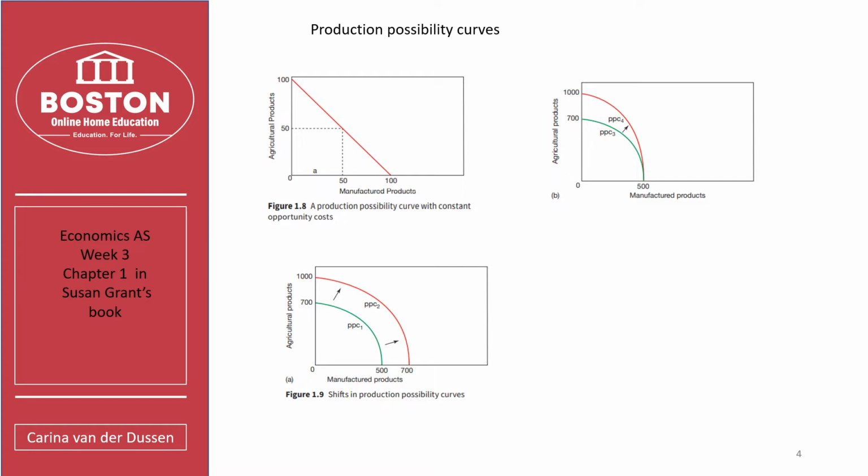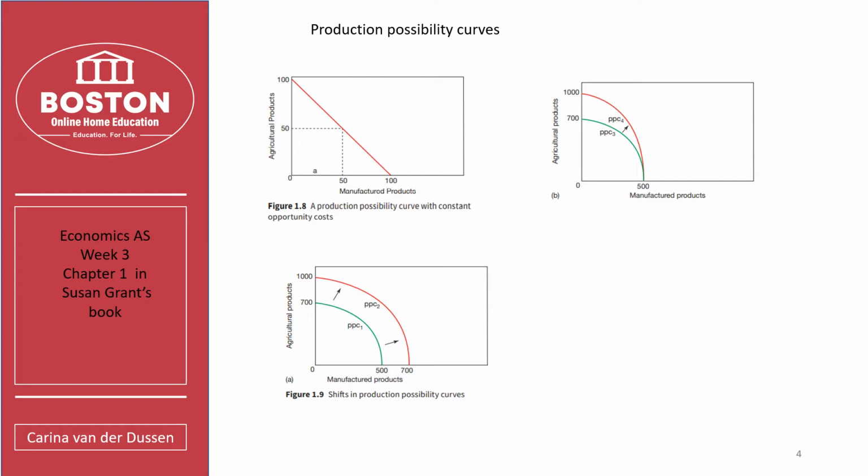And the fact that this is a straight line means there's a constant opportunity cost. So if we go from producing 100 agricultural products to 50, we are gaining 50 manufactured products. Both of them are 50%.